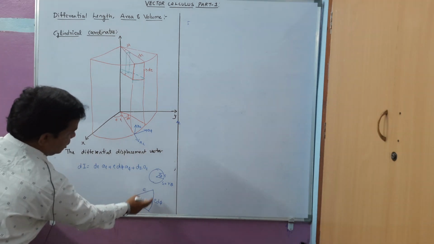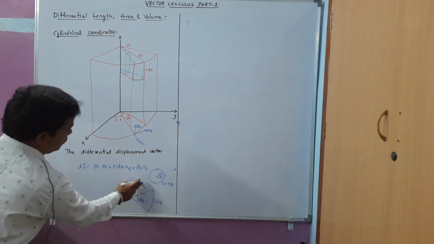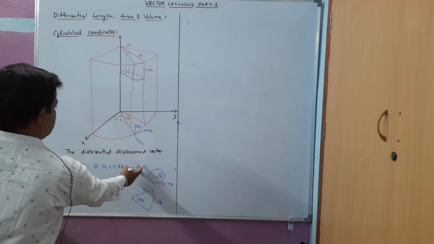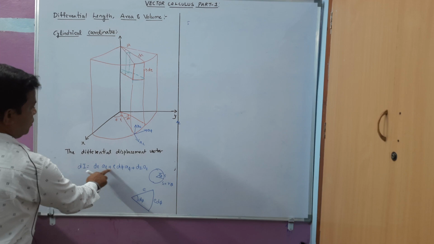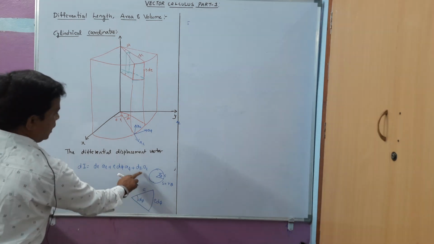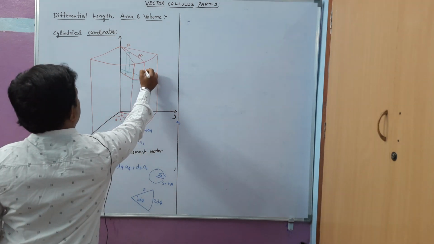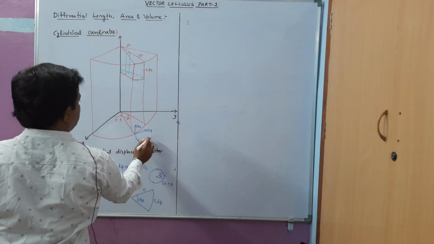So the length of the sector will become rho d phi into a phi, and the z axis is the same, we don't have any change in that one. So d rho a rho, rho d phi a phi and dz az, with the unit vector along this direction being az.